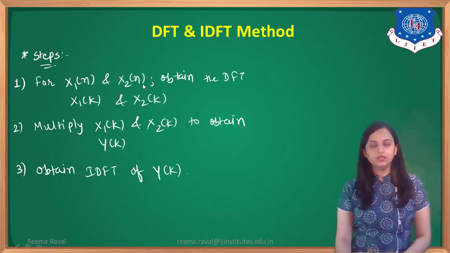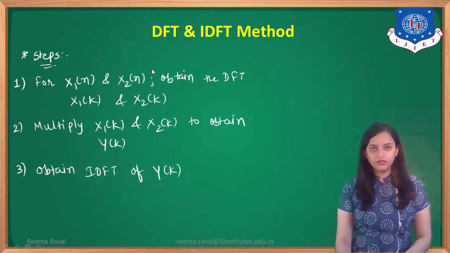Now in this step, to find the DFT of x1 of n and x2 of n, we will use the matrix method using twiddle factor or the values of conjugates to find the DFT x1 of k and x2 of k. That means the 4 cross 4 matrix multiplication to find DFT in this step.